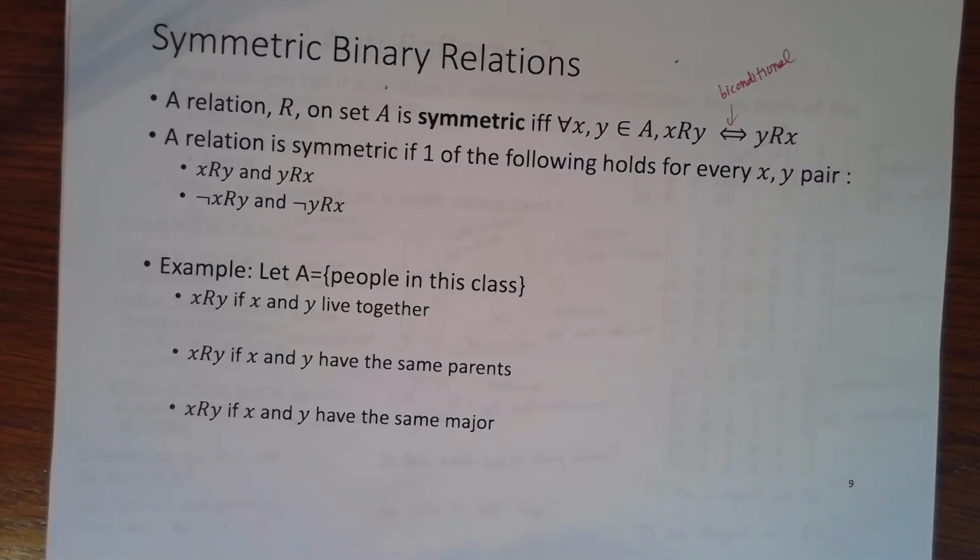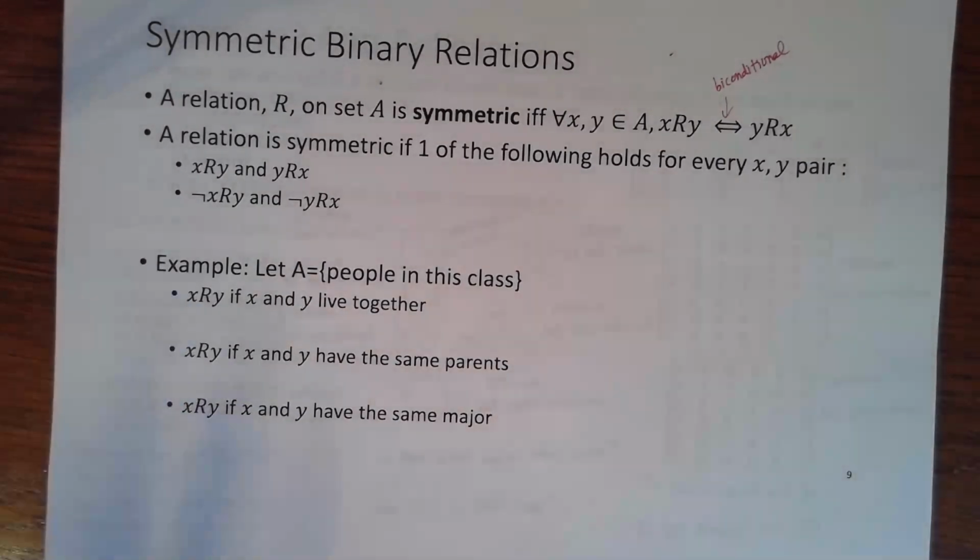Okay, so let's look at an example. Let's say we had a binary relation on all the students in the class, and x is related to y if x and y live together. Now, I'm not there to ask you, but let's say there are some roommates in the class.